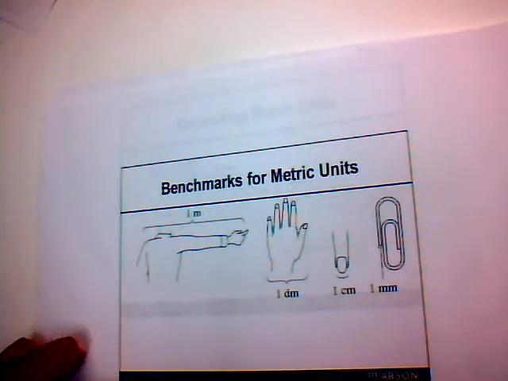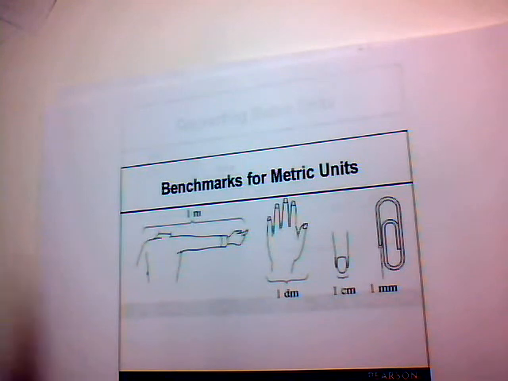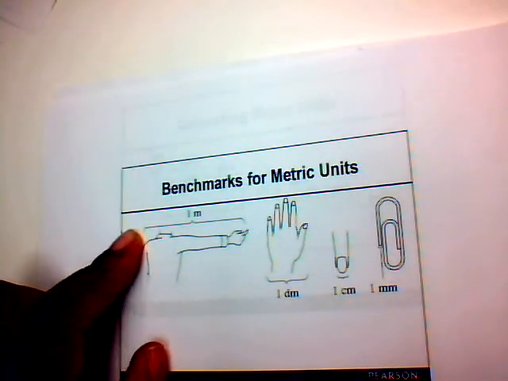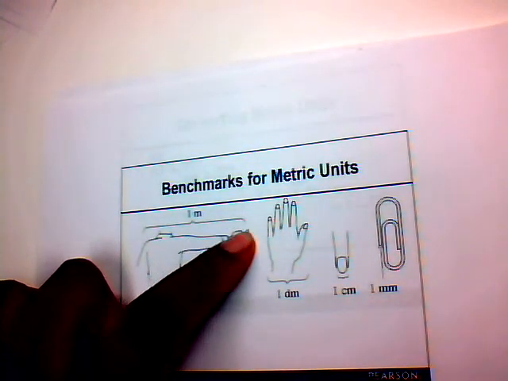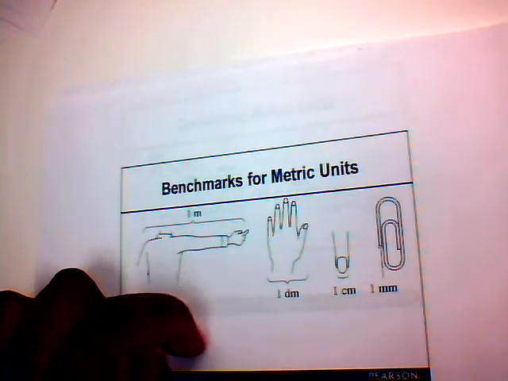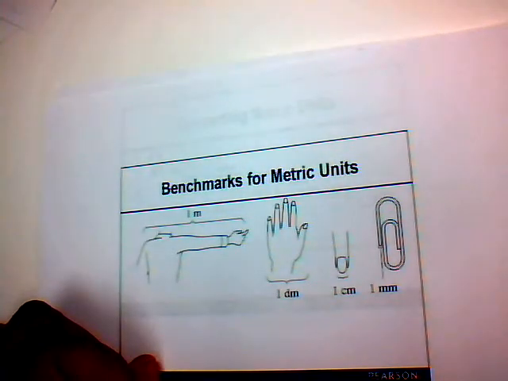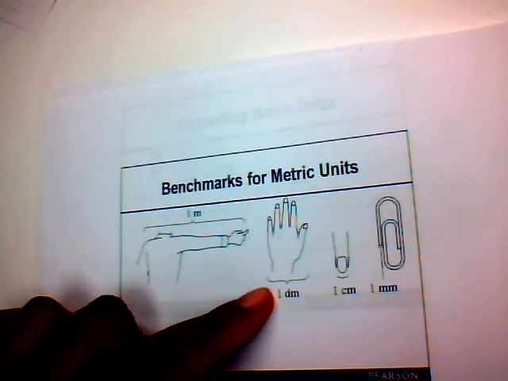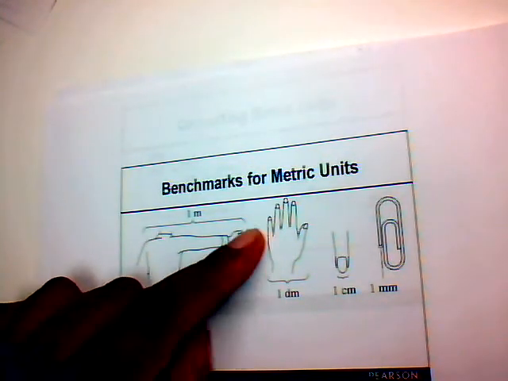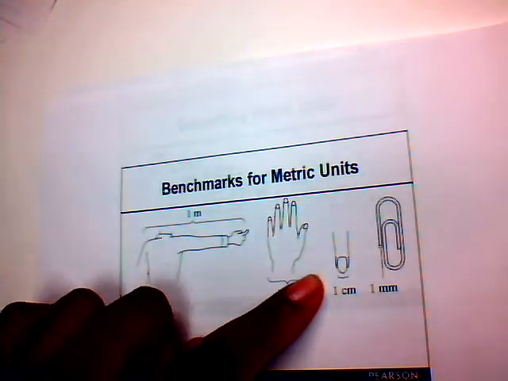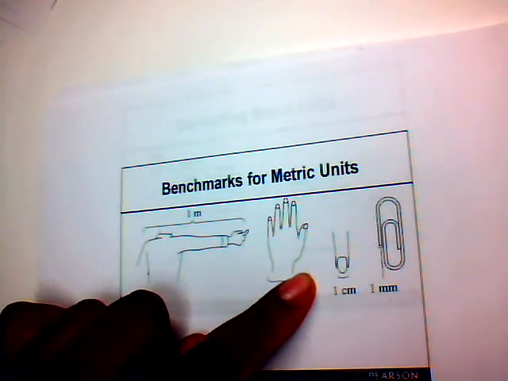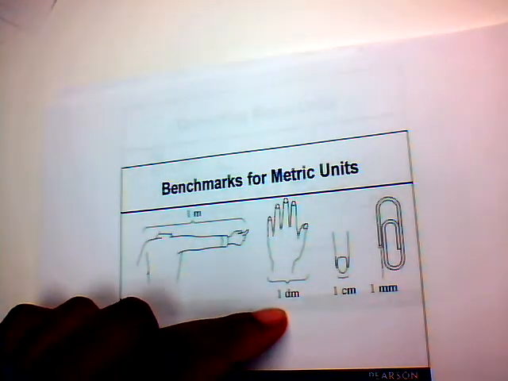And here's some benchmarks for the metric units here. For 1 meter, if you extended your right arm, the distance from the left shoulder to the tip of your index finger, if you were to point out your index finger, that would represent 1 meter. And then if you have your hand extended out, this distance going across is 1 decimeter.